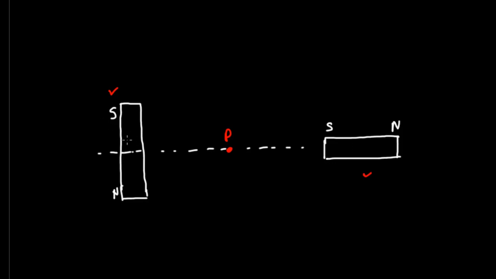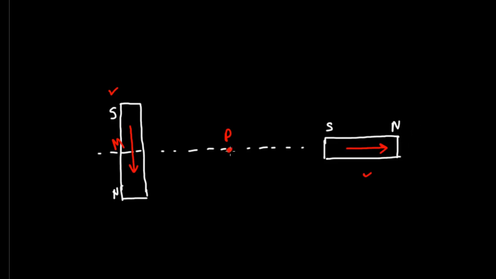So for the first bar magnet, the direction of dipole moment is along the axis of the bar magnet from south pole to north pole, that is, this is the direction of dipole moment for this one, and this is the direction of dipole moment for this bar magnet.